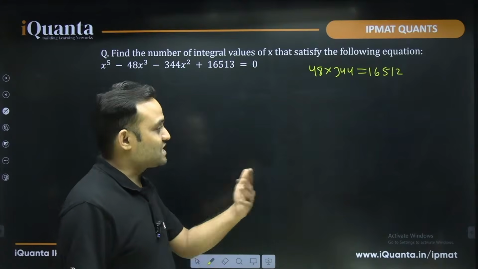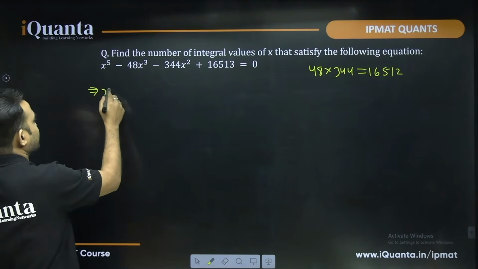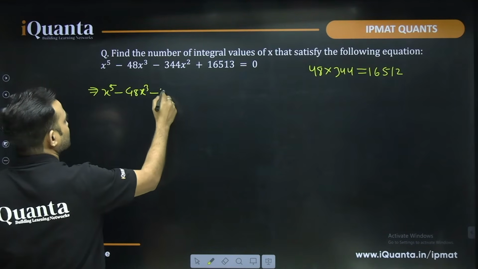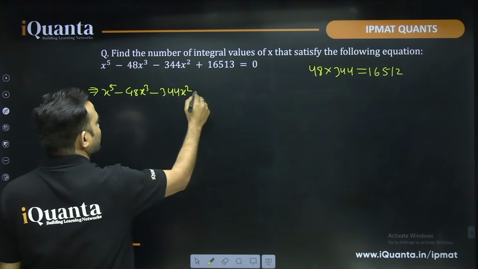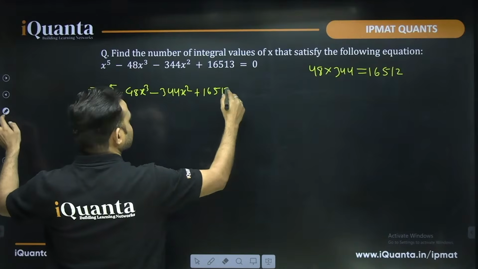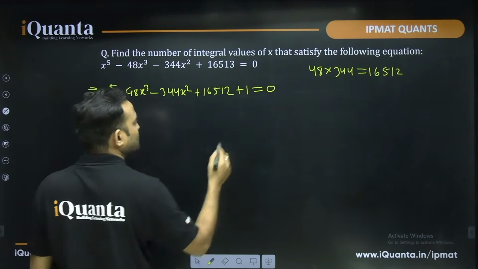You must have gotten that if you had tried it, right? So we can write it as x to the power 5 minus 48x cube minus 344x square plus 16512 plus 1 is equal to 0.